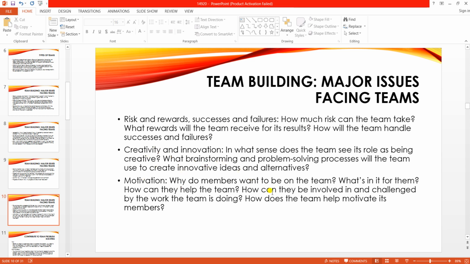Creativity and innovation. In what sense does the team see its role as being creative? This is very important in terms of thinking outside of the box. Being creative and innovative is very important. We have what we call brainstorming and problem solving processes.